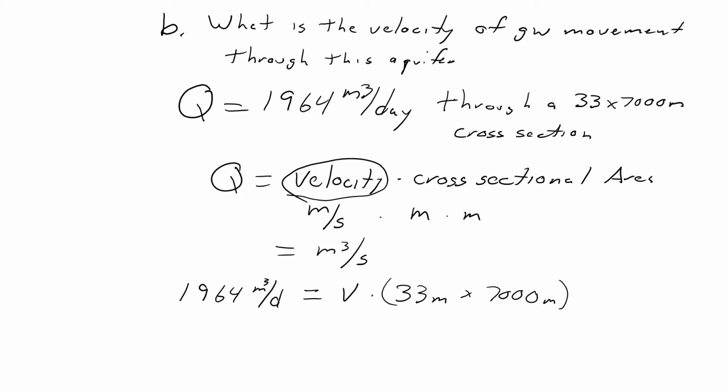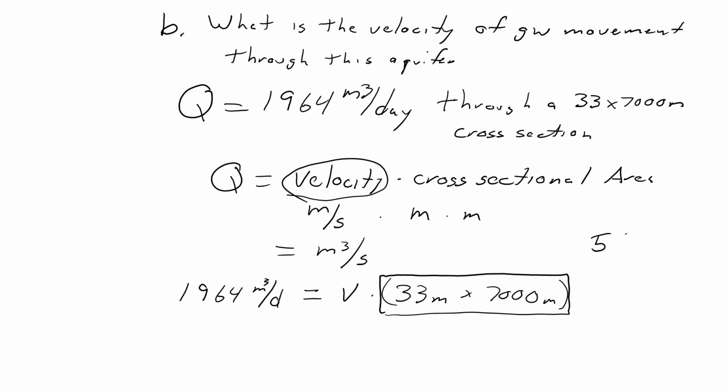There is one small adjustment we have to make, because remember, the water is not flowing through this entire area. That's the area of the aquifer, but most of the aquifer is rock, and the water isn't going to flow through the rock. The water is going to flow through the pores in the rock.